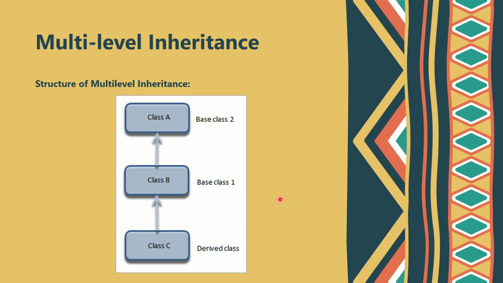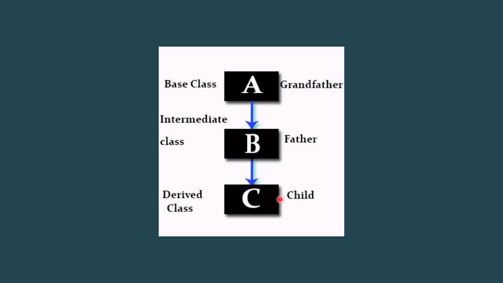This is the best example that I can give you for multi-level inheritance. The base class will be grandfather, the intermediate class will be father, and the derived class is child. So it simply says that father will derive properties of a grandfather, and child will derive properties of a father.